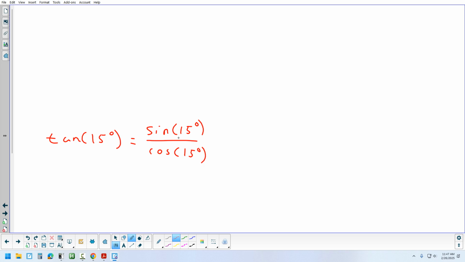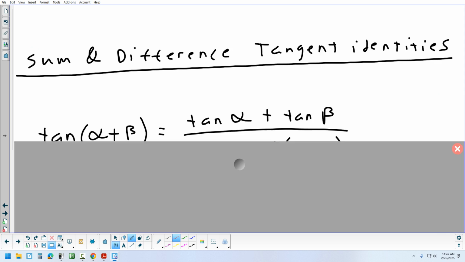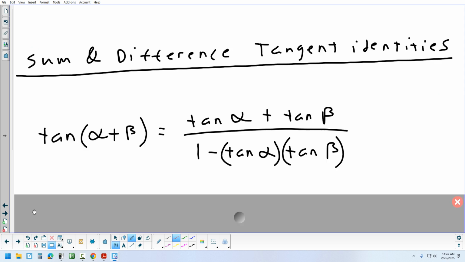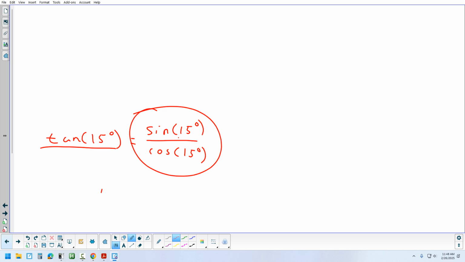So you could figure out a tangent by doing it this way. I'm not going to go through that in detail, but that's how I would think of the tangent rather than learning the formula. It's not a bad formula. It's just one more formula you'd have to remember. So that's how we're going to think about tangent. But the most important ones are sine and cosine. That's what I would really focus on knowing how to do.